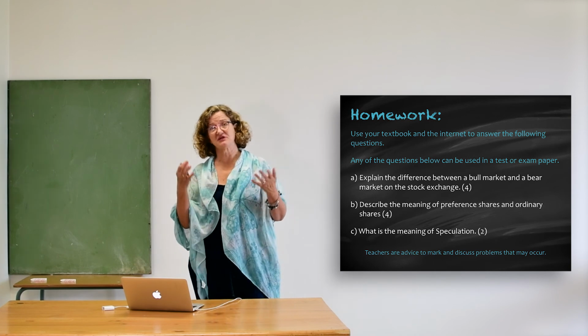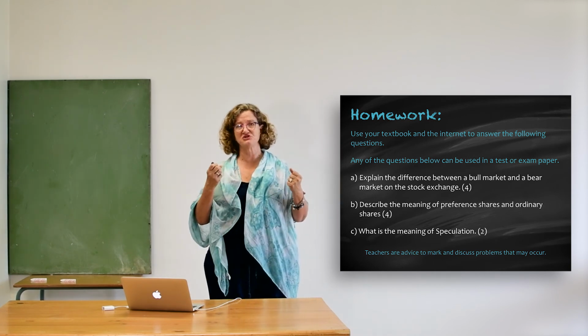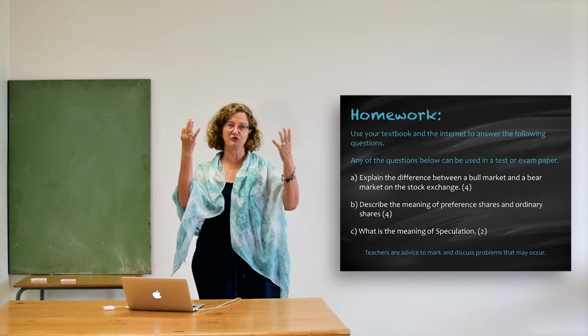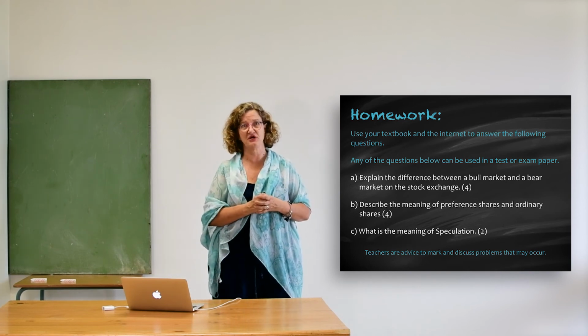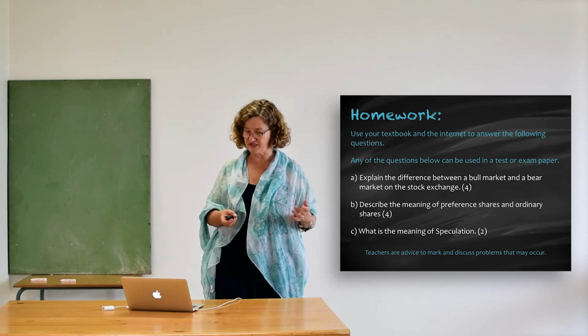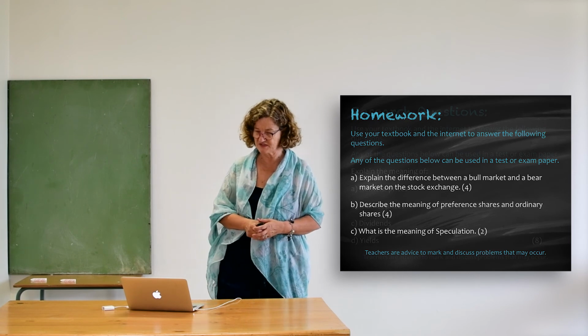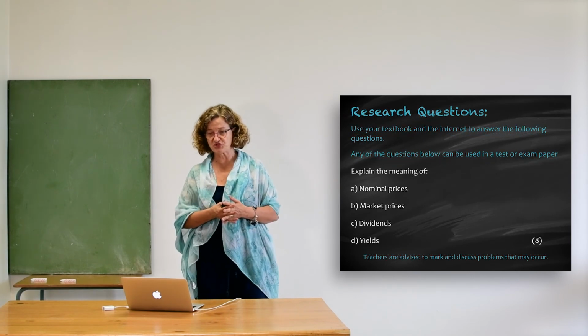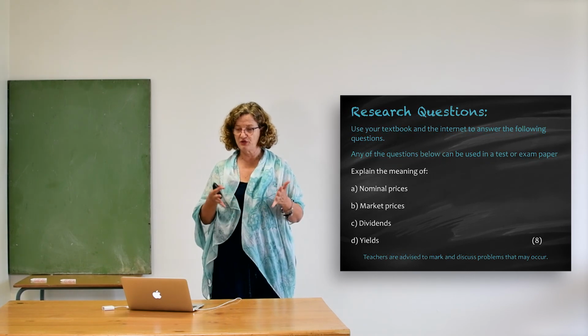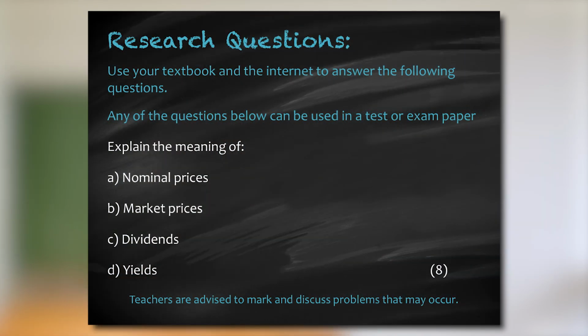But speculation can also happen in a farming situation. You can buy cattle at a low price and sell it at a much higher price. You get speculation not only when it comes to buying and selling of shares. Then these research questions continue. You can use your textbook to discover what a nominal price of a share is.